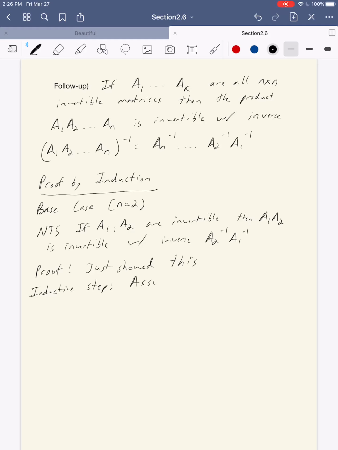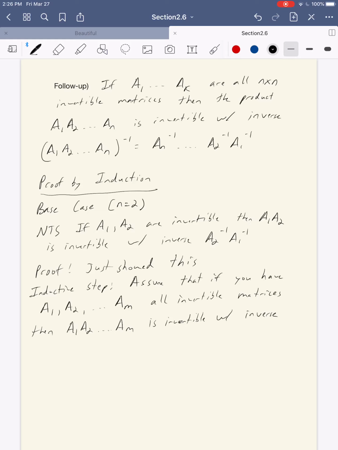We're going to assume that if you have A1, A2 down to some AM, all invertible matrices, then A1, A2 times dot dot dot times AM is invertible with inverse AM inverse dot dot dot A2 inverse A1 inverse.